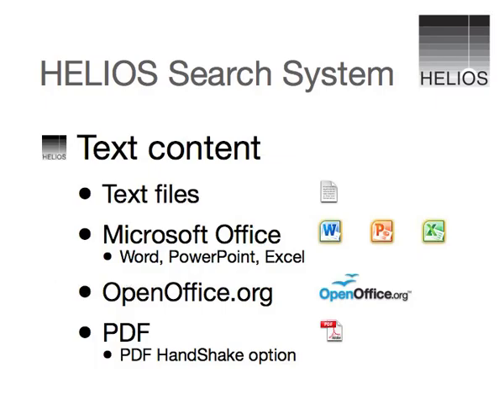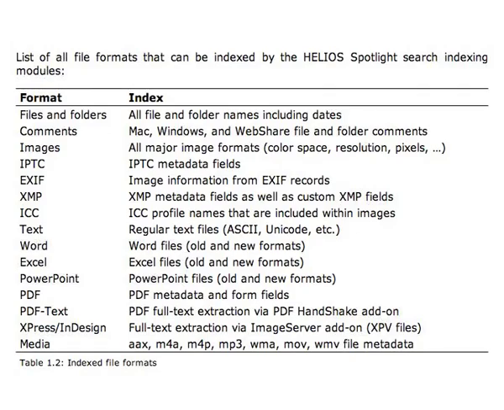In addition to metadata, the actual text content of text files and Microsoft Office documents gets indexed. PDF text content is indexed as well with the PDF handshake option. The HELIOS server automatically parses and indexes all this information so that it can instantaneously respond to search queries.